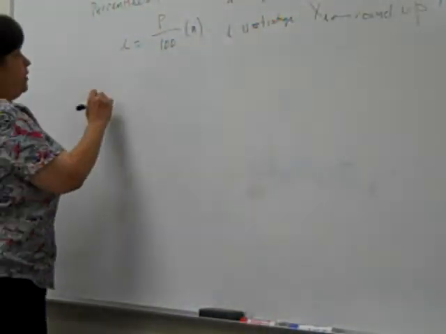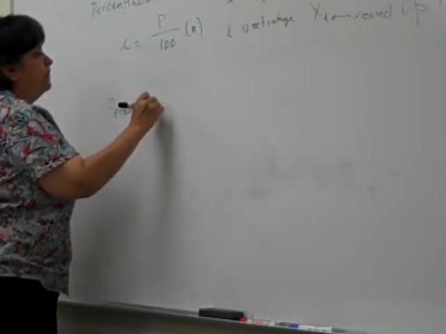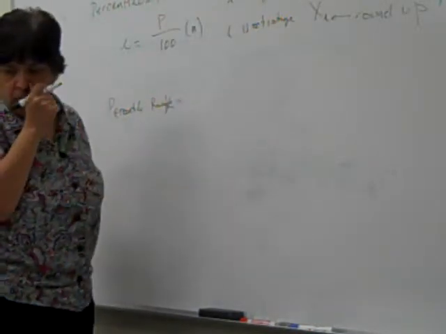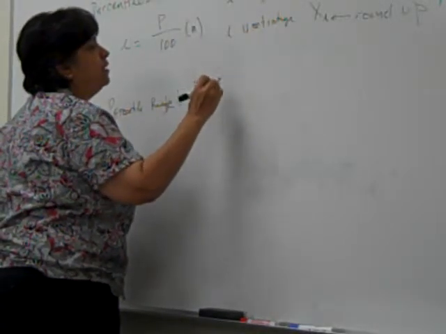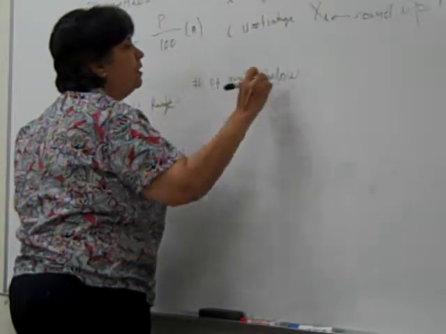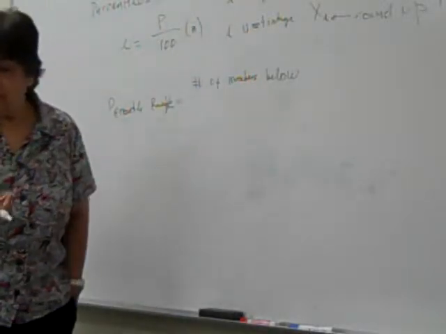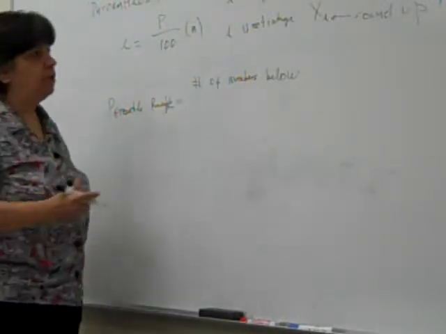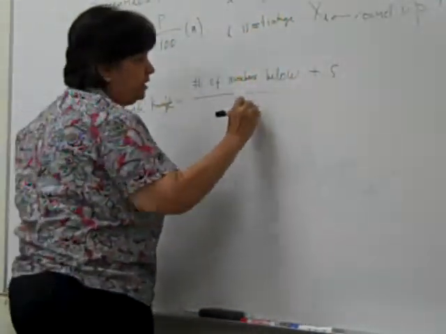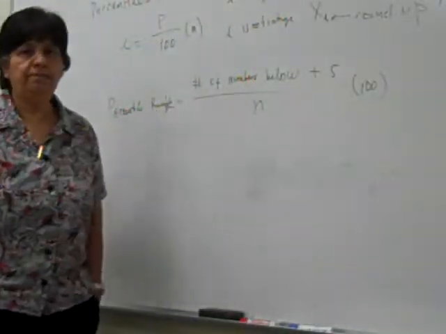The percentile rank is equal to the number of values that are below that particular number, the one you are interested in, plus 0.5, divided by the total number of elements, times 100. That gives you your percentile.